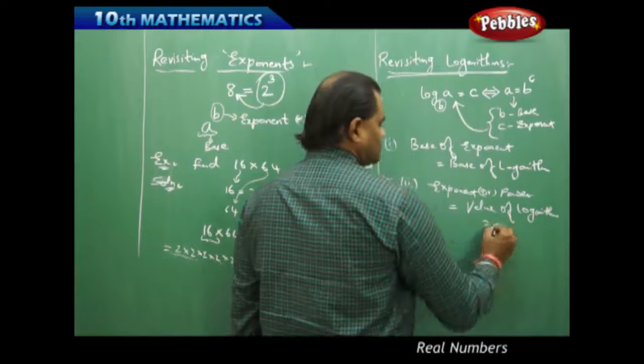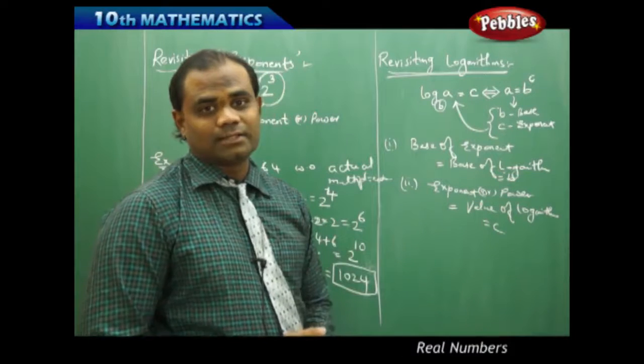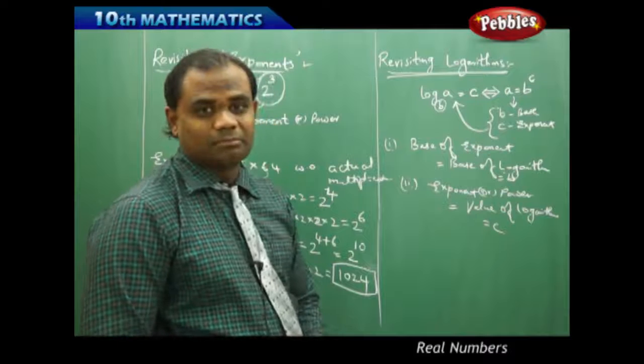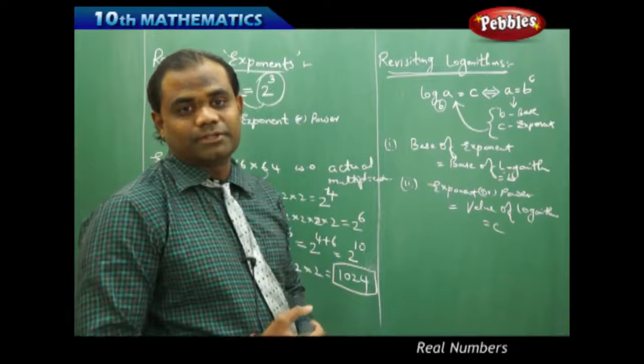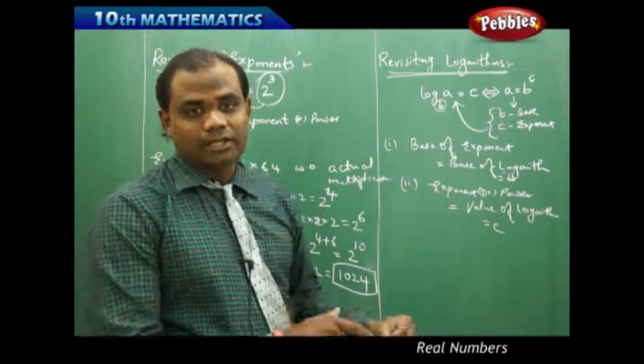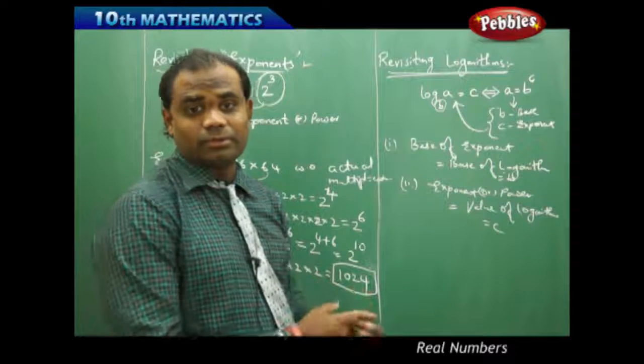Of course, here this being c and this being b, is how I understand the difference between the base and exponent, between the logarithms and exponential equations. So these are the concepts through which I can convert any logarithm value into the exponential form or any exponential form into the logarithmic form.